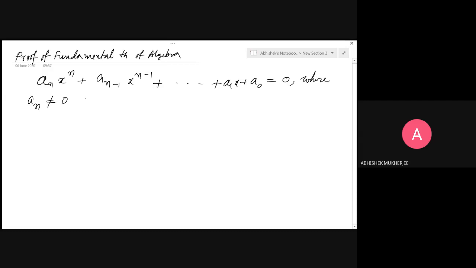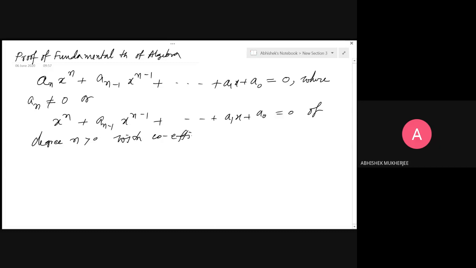Or equivalently, without loss of generality, you can consider a polynomial with leading term 1, so of degree n, with the coefficients taken from the field of complex numbers.